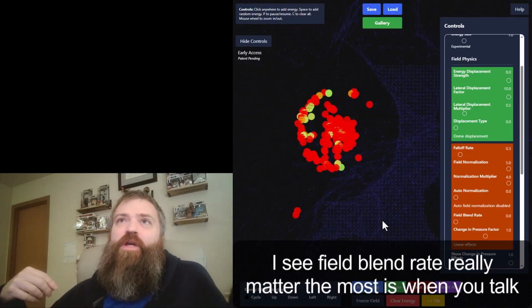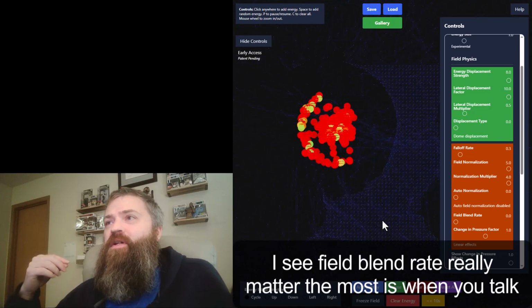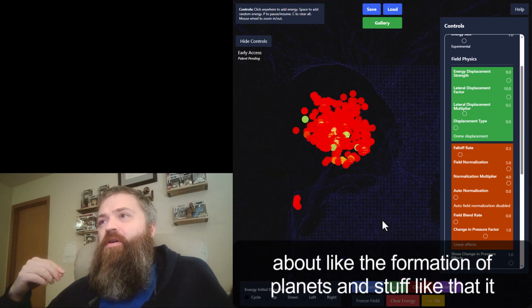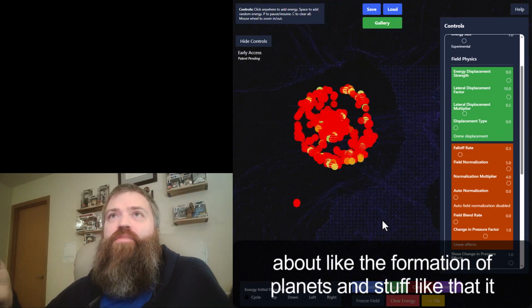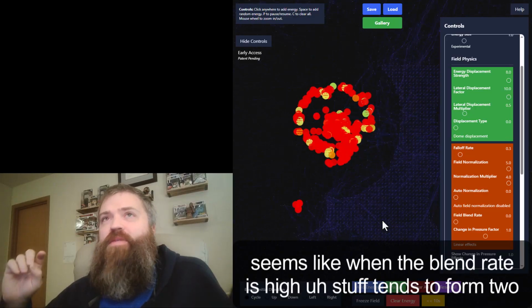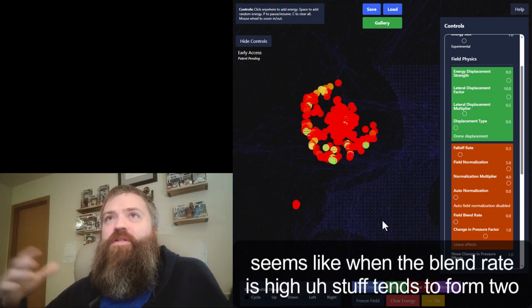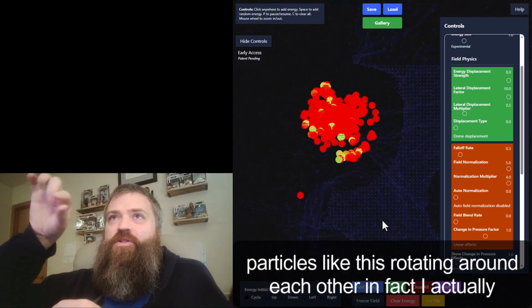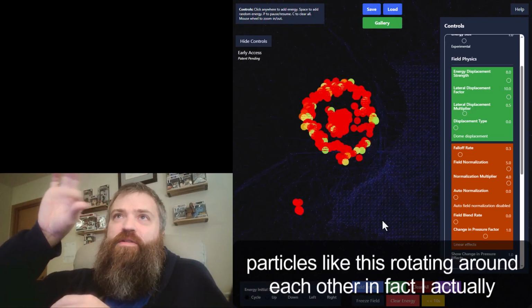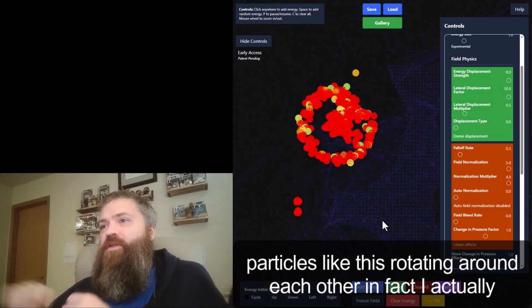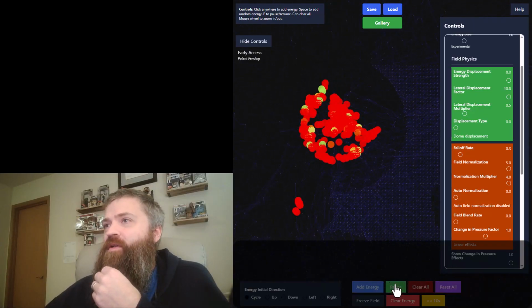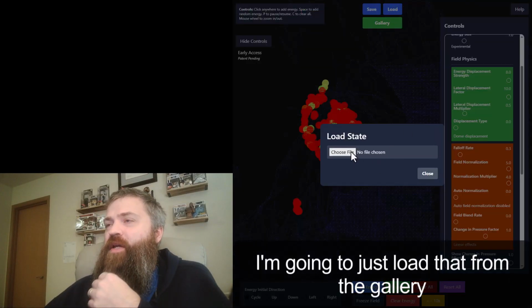Where I see field blend rate matter the most is when you talk about the formation of planets and stuff like that. It seems like when the blend rate is high, stuff tends to form two particles like this, rotating around each other. In fact, let me just load that from the gallery.